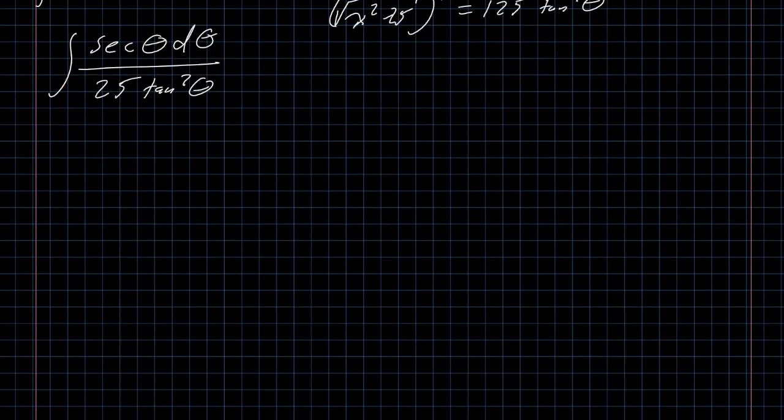So when all else fails, I tend to fall back to, can we rewrite this in terms of sines and cosines? So I'll take the 1 over 25 out front. Secant is 1 over cosine, and tangent is sine over cosine.